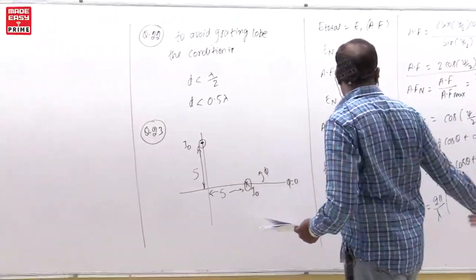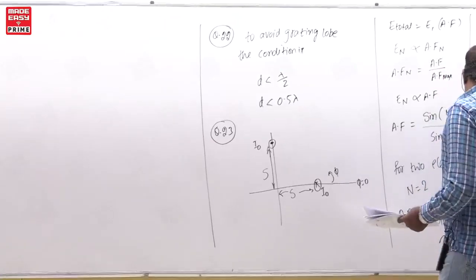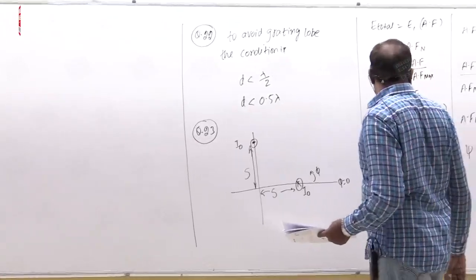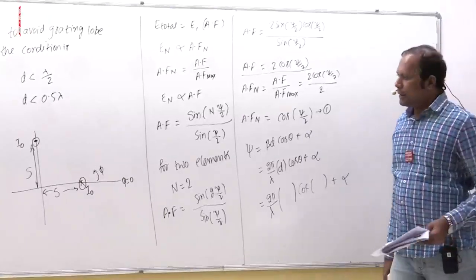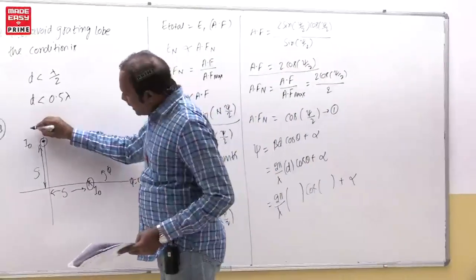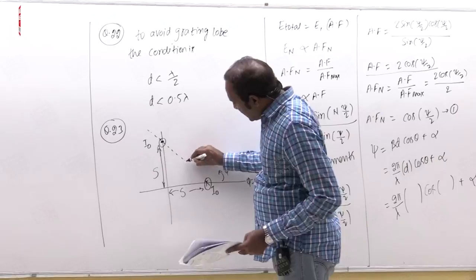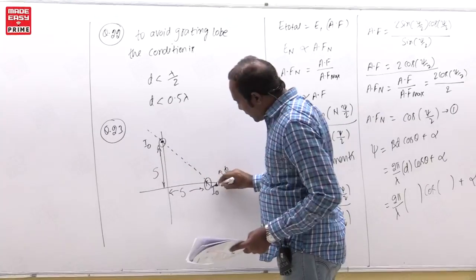Now let us start the analysis. Actually, d means the distance between antenna elements. So here you draw a line like this which connects these two antennas.